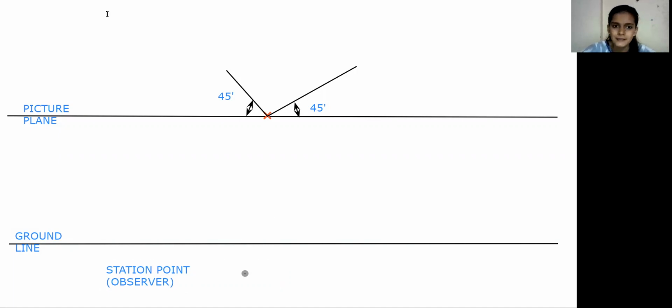Now, what is the next thing? We need to draw a parallel line. To which line? I'm highlighting it. The line which we have drawn at the 45 degree angle. This line, we need to draw a parallel line to this 45 degree line from our station point.